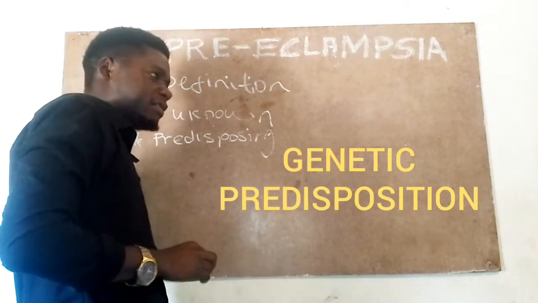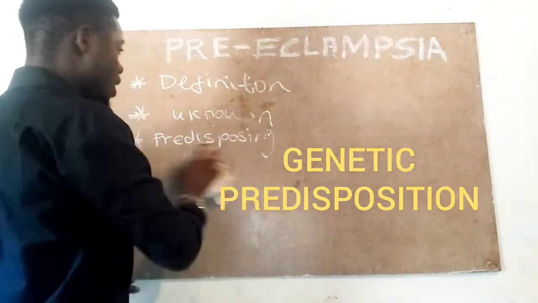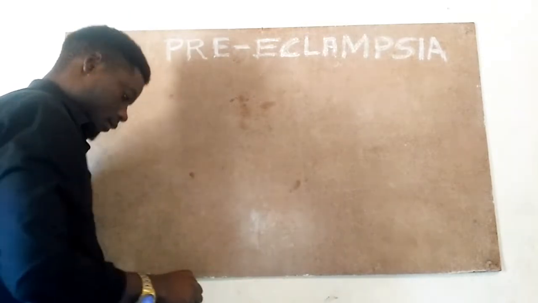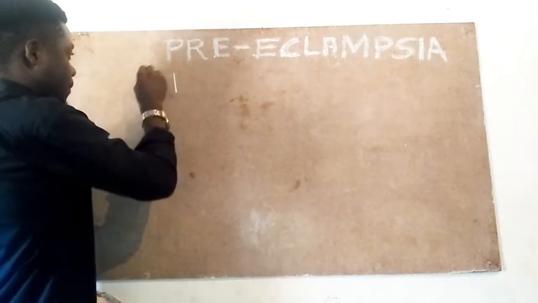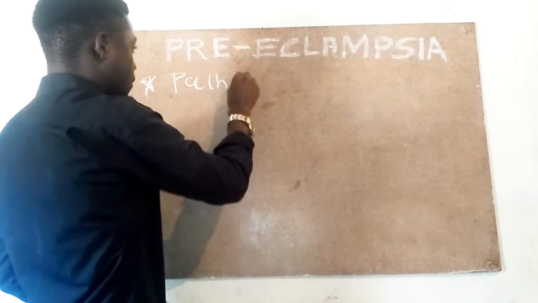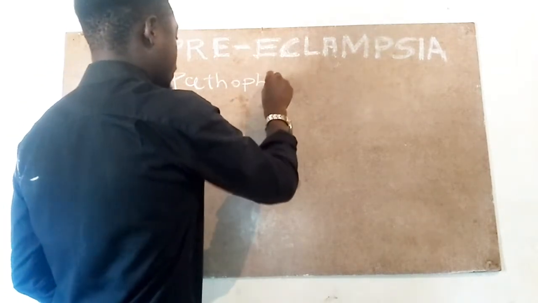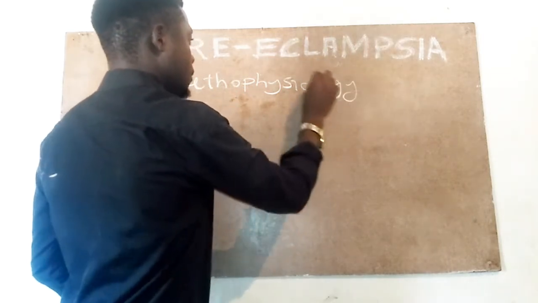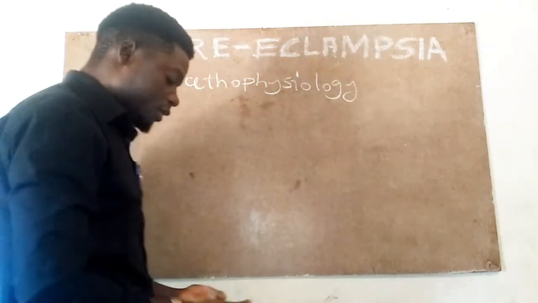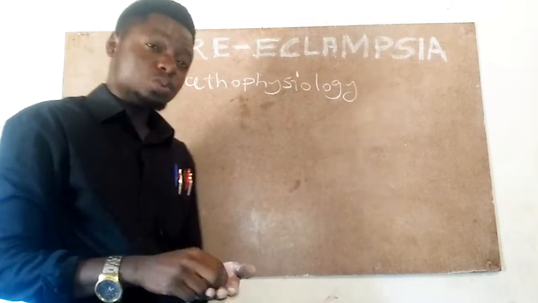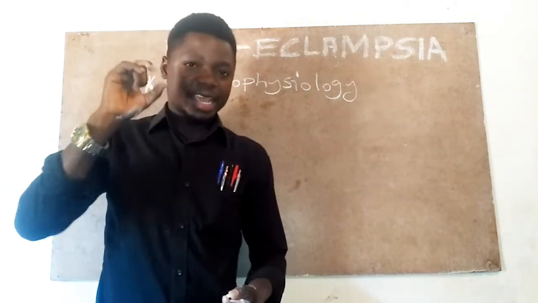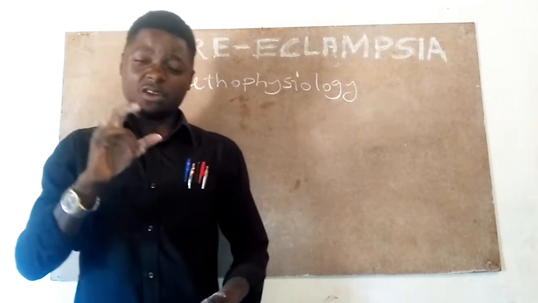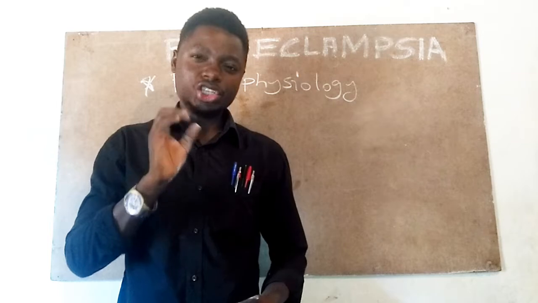Now, what can be the pathophysiology for preeclampsia? The pathophysiology for preeclampsia is not well understood. It is still poorly understood because the cause for preeclampsia is not yet known.